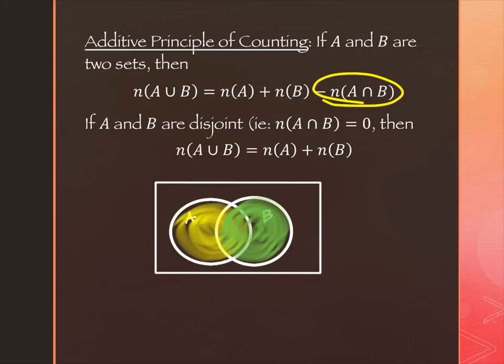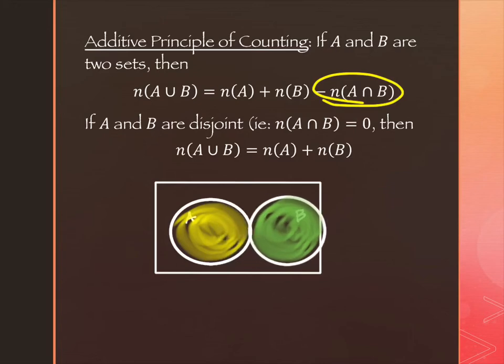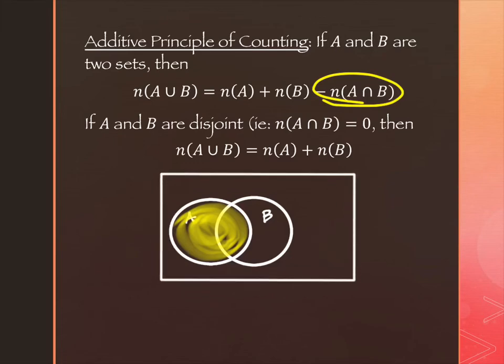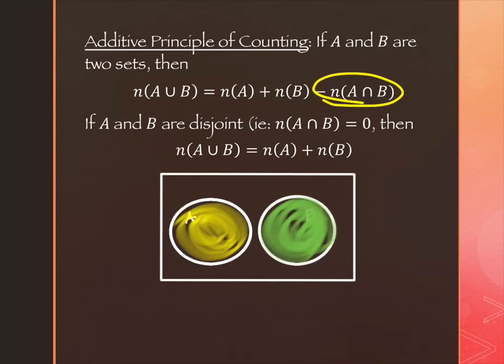However, it is possible that the two circles simply don't overlap. Excuse me, my drawing on the outside is not big enough, but we'll make it bigger so it'll work. Where'd the green go? Let's try it again. So it is possible that the two circles simply don't overlap, which would look like this.